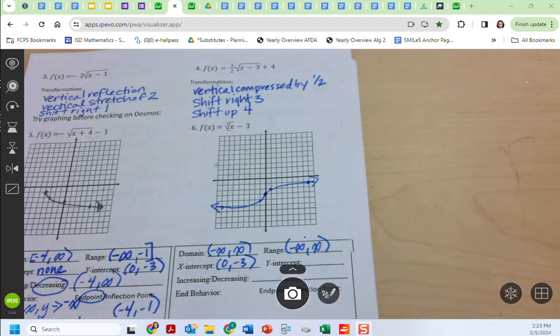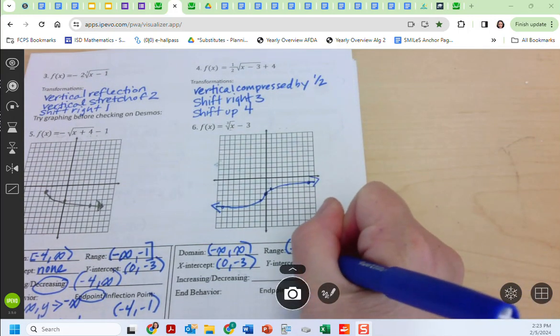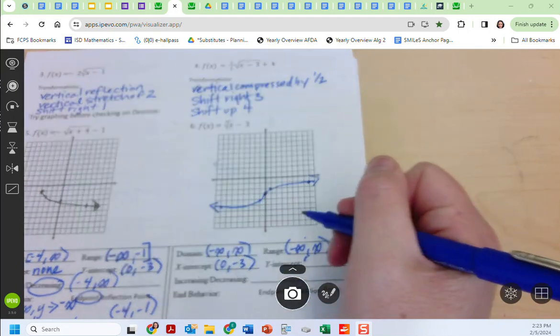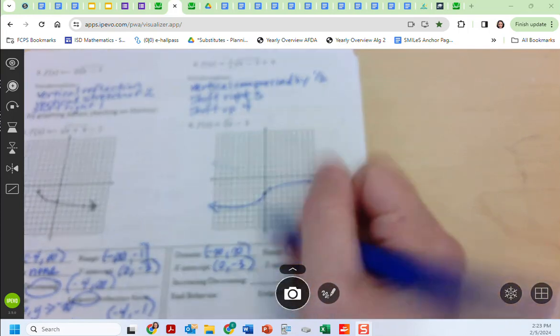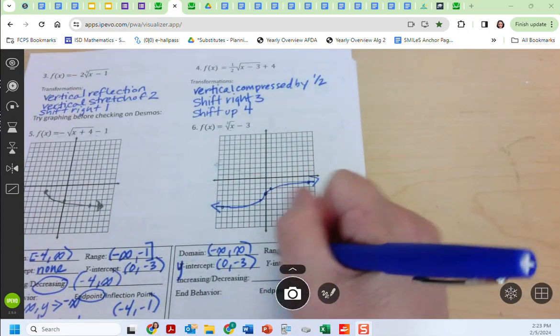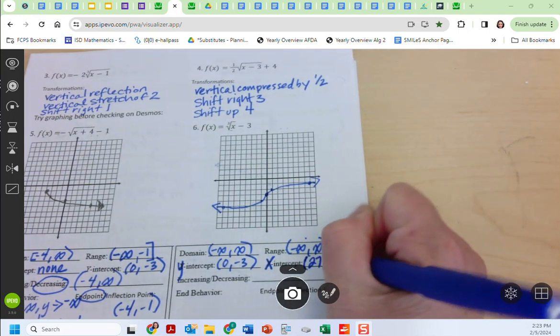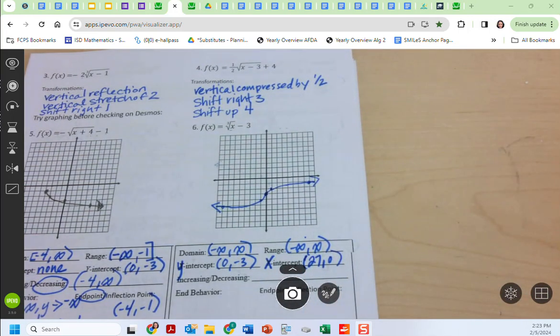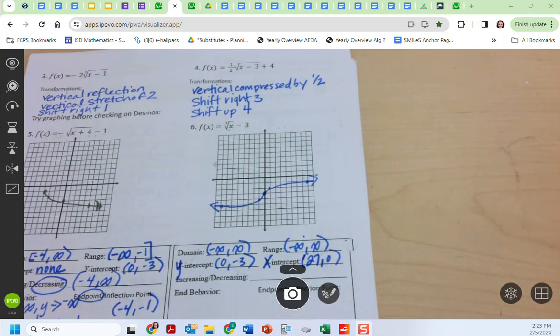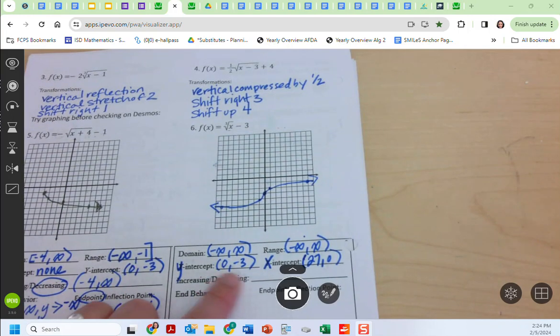Yeah. So the y-intercept is, well, I did this backwards, didn't I? Wait, that's my y-intercept, right? Why do I keep doing those backwards? My y-intercept is 0, -3. My x-intercept is 27, comma 0. Because I put them in the wrong place. So my y-intercept is 0, -3.